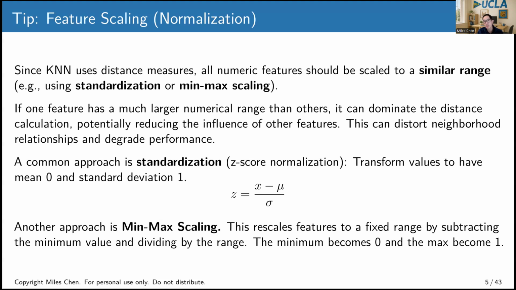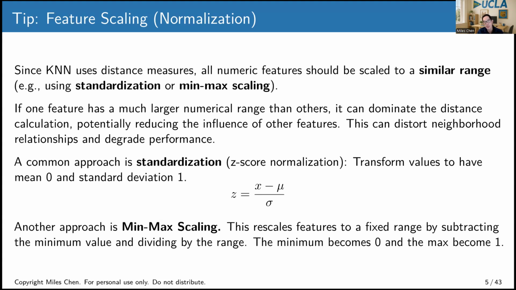For example, if you had income as one of your predictor variables, one person's income might be $30,000 and another's might be $200,000, a difference of $170,000.